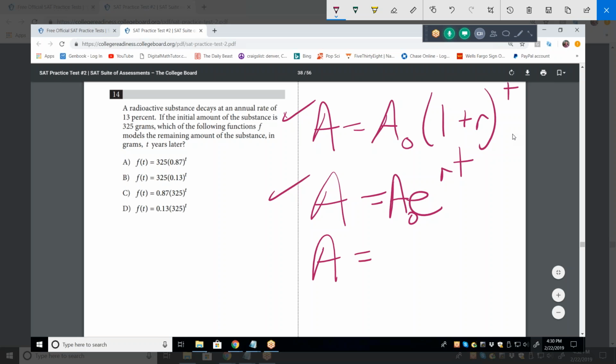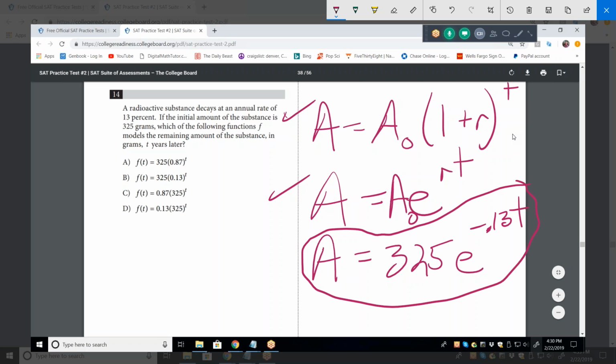So if I use continuous compounding, it's 325 e to the r, what's r? It's the rate, which would be minus 0.13 times t. That is actually the correct answer.